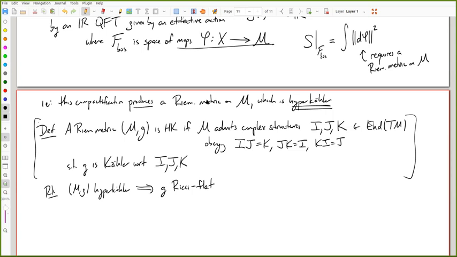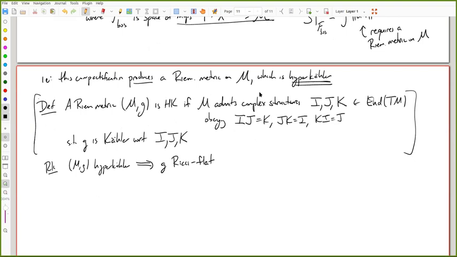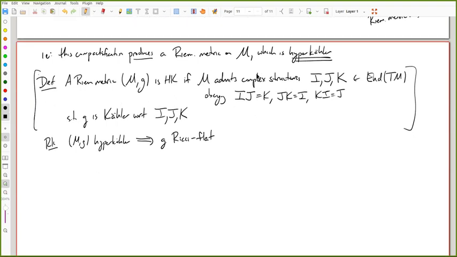But okay, so that's the picture. Now, maybe a little bit more of just general hyperkähler geometry before we give the description.